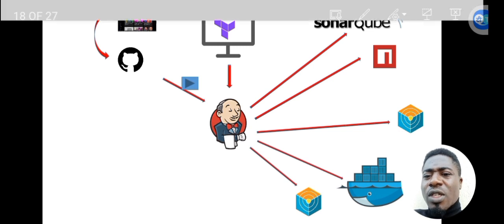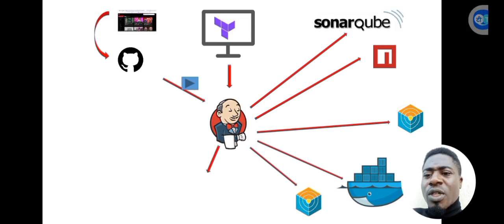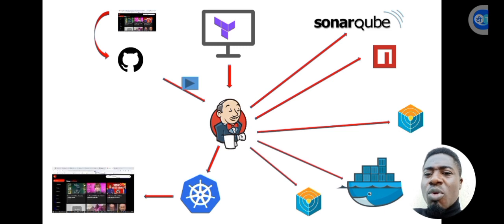After the scan is done, we will have it deployed to our Kubernetes cluster, which would have a pod with an IP address available to the public internet. We're going to have a public IP, and those changes that were made in the code will appear on the app, which is available on the internet.